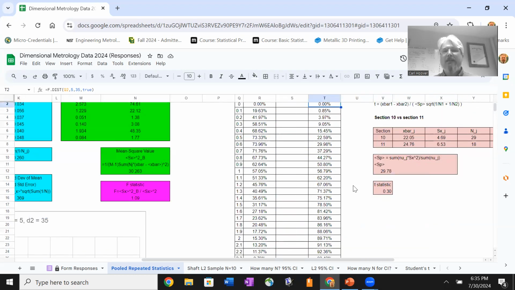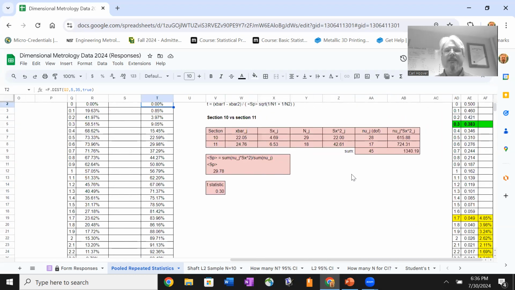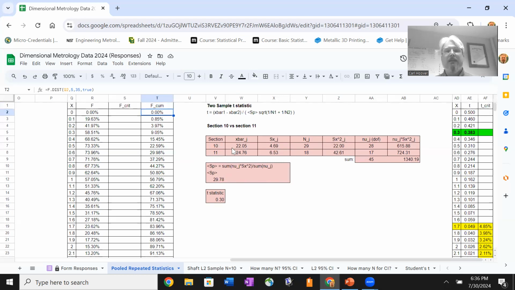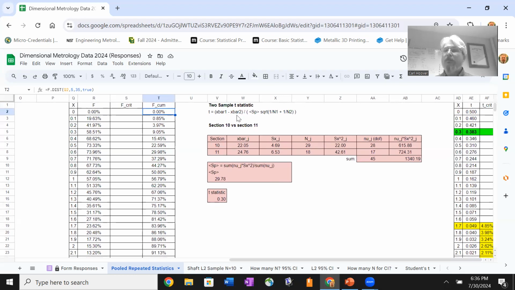And then lastly, we can look at our T statistic, comparing just two sections. This is similar in concept, but we just need to compute the mean for section 10 and 11, the standard deviation, the number of samples, the variance, and then the degrees of freedom, and then degrees of freedom times the variance. So to compute the t statistic, we compute the difference between the means of each pool.